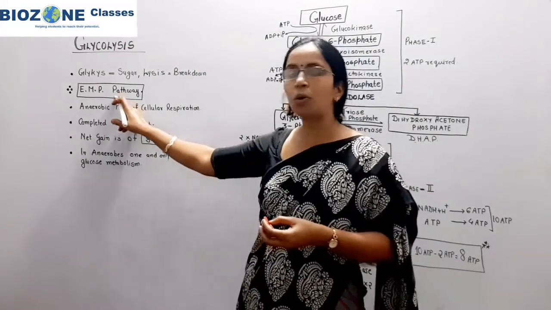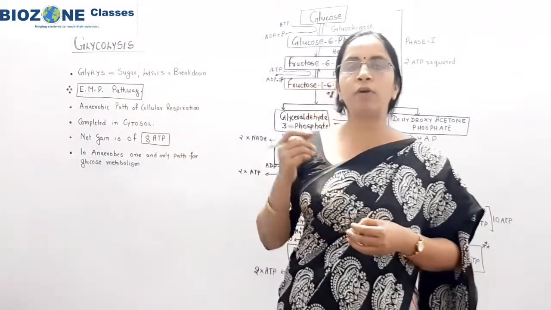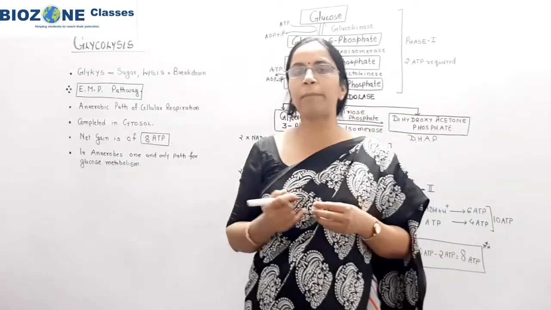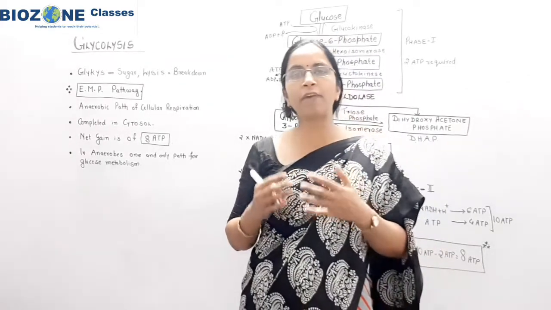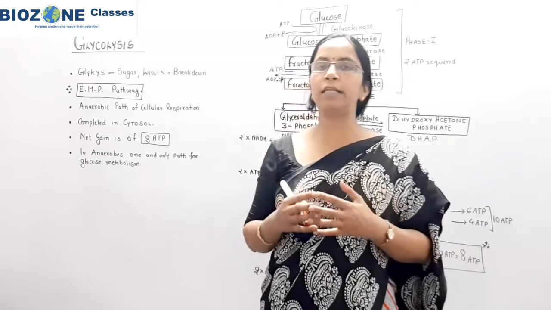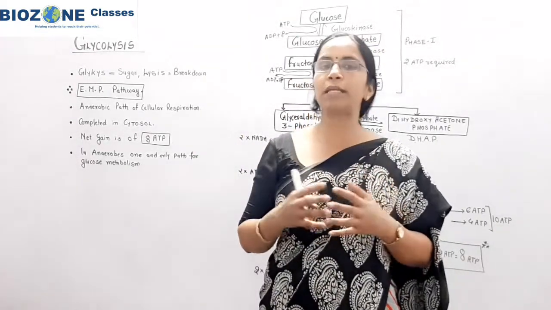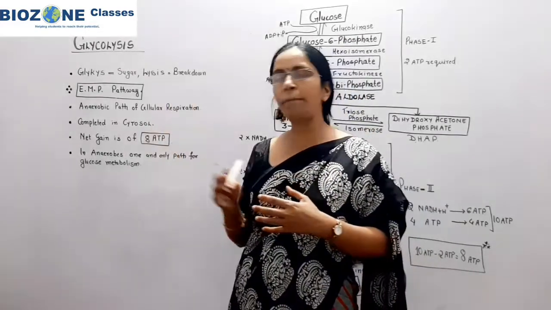Glycolysis is also called the EMP pathway. Remember this another name, a synonymous name for glycolysis, EMP pathway, because the scientists Embden, Meyerhof and Parnas, these three scientists first provided this pathway for anaerobic respiration. That's why this pathway is also called the EMP pathway.